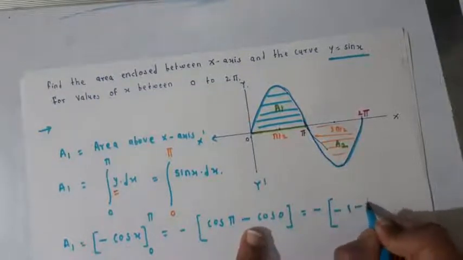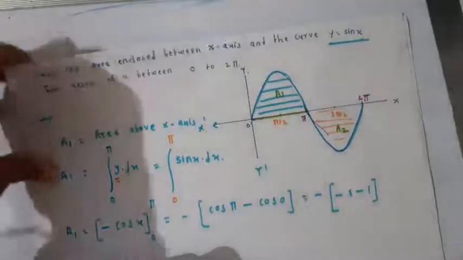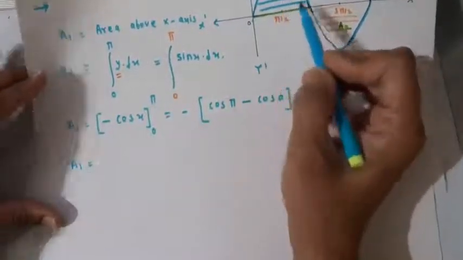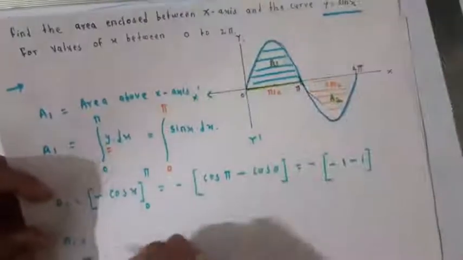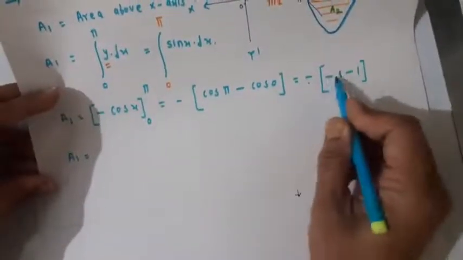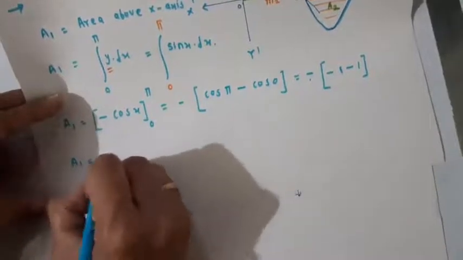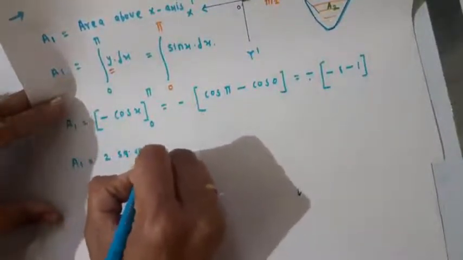So minus, and hence area A1, the area of the curve above the x-axis, equals plus 2 square units, because it's area.